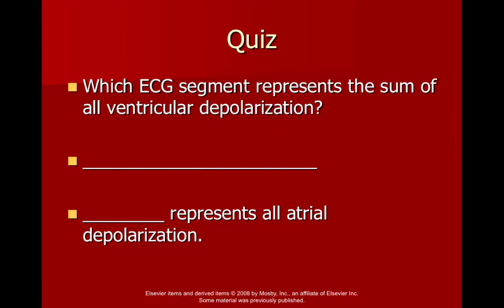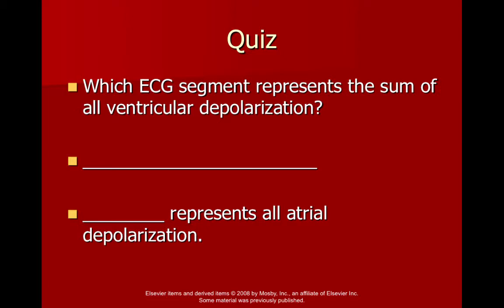So let's see how well you know this. Which EKG segment represents the sum of all ventricular depolarization? The QRS wave. And which wave represents all atrial depolarization? The P wave. Very good.